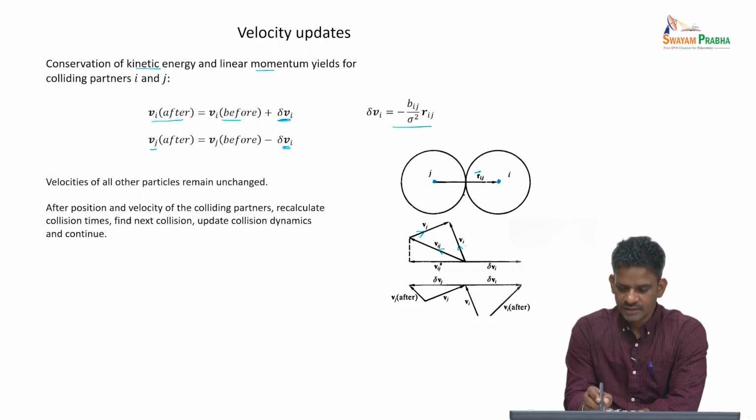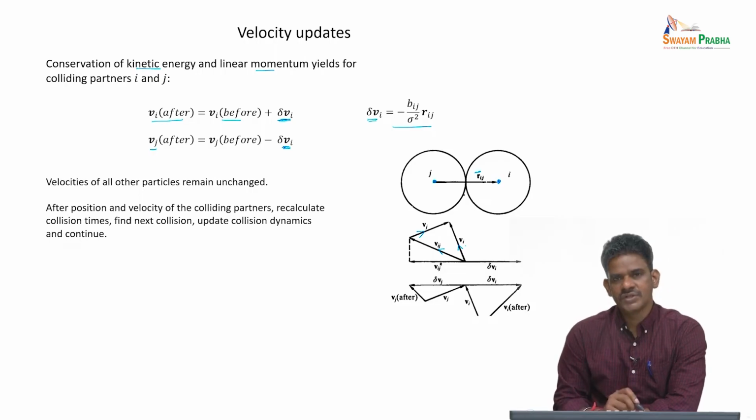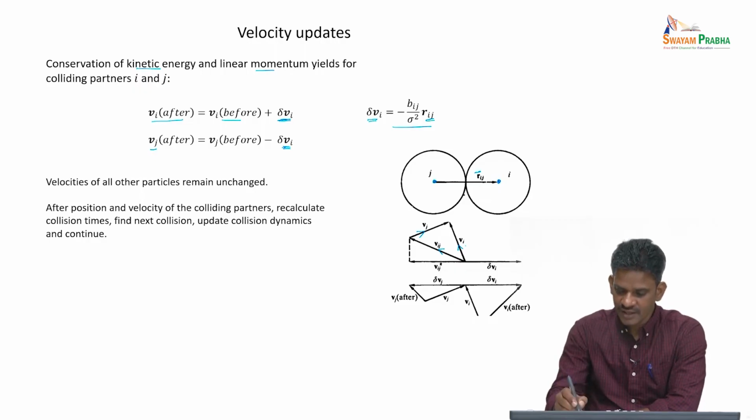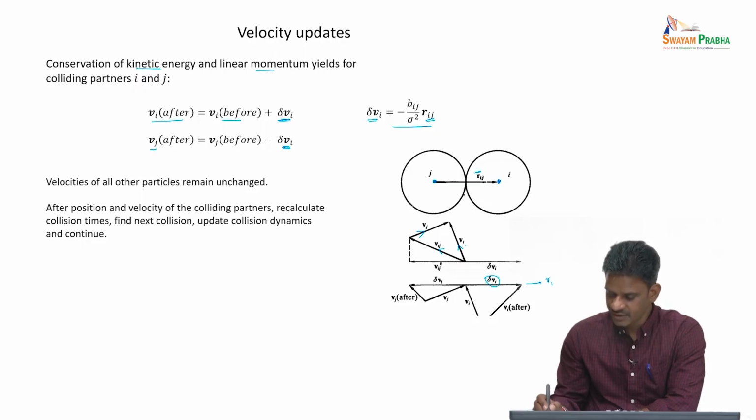Now, this change in the velocity of the ith particle is along the direction of Rij. That is what is shown here: this delta Vij is along the direction of the Rij vector. So, we add this delta Vij to Vi, and Vi plus delta Vij is the new velocity of the ith particle.